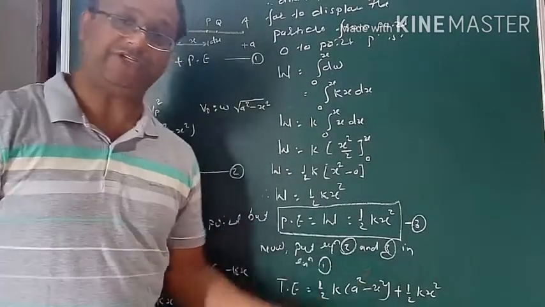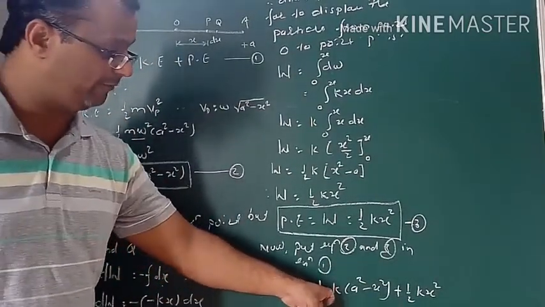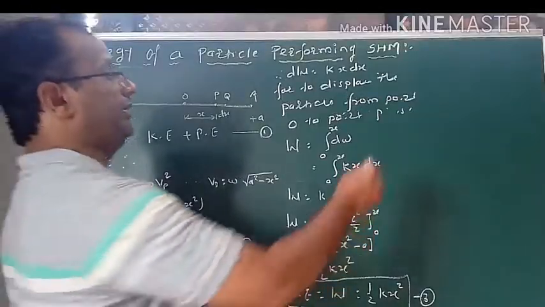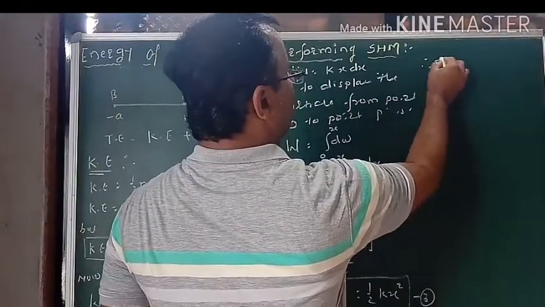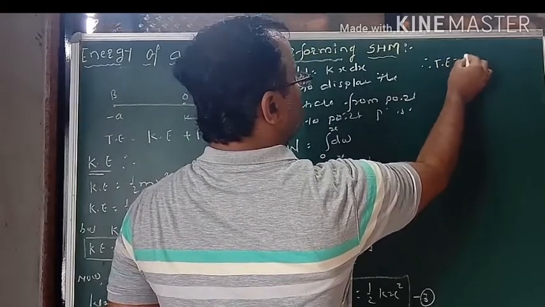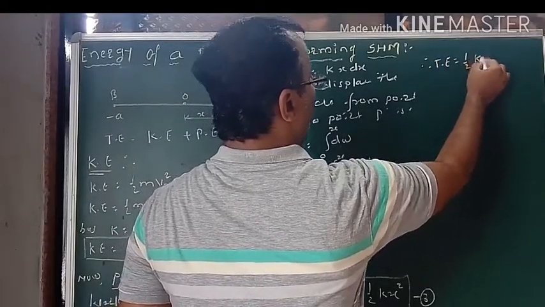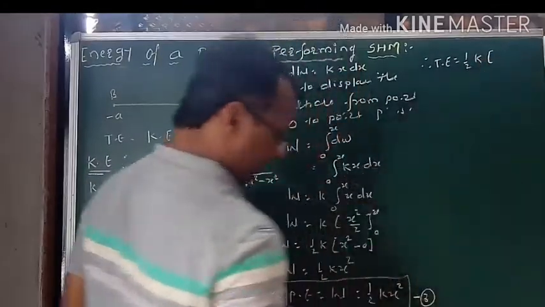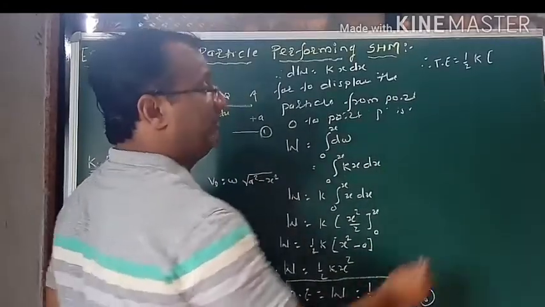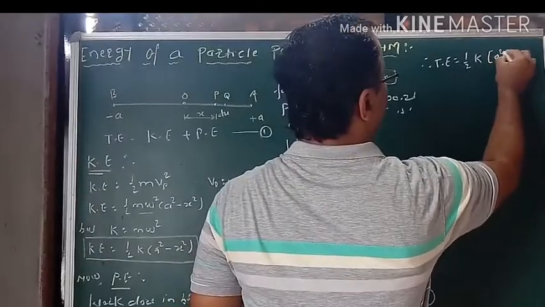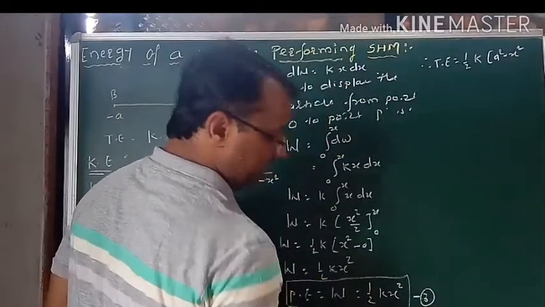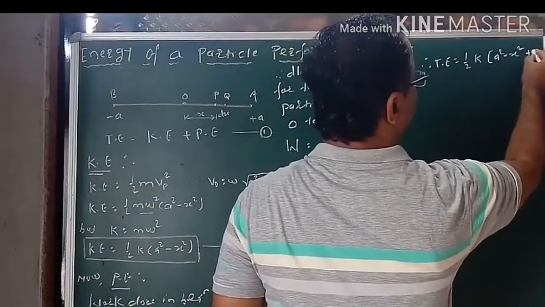If you see this equation, half of K is common, so take it outside. Therefore, total energy is equal to half of K, which is common. Then inside the bracket we get A square minus x square, and from the second term plus x square.